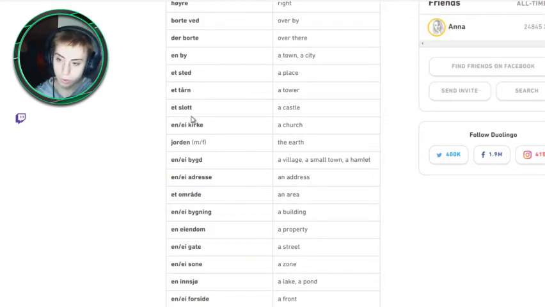Slott. I think Schloss is the German for castle? Or Schlüssel? No. Oh, I remember, there was a TikTok, I follow this person who kind of teaches Norwegian words on TikTok, and it's pronounced "slut," I think.